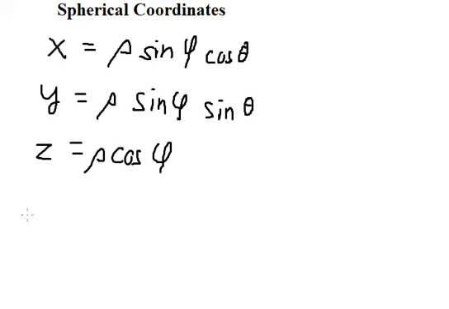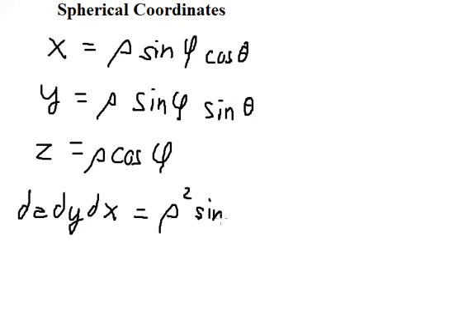The next one, dz dy dx, we will change to rho square sine phi, and we have d rho, d phi, d theta.